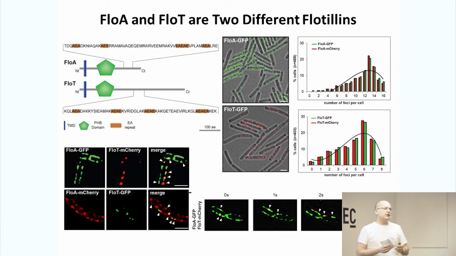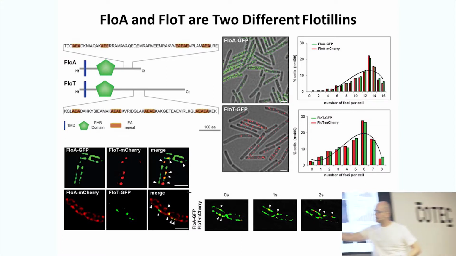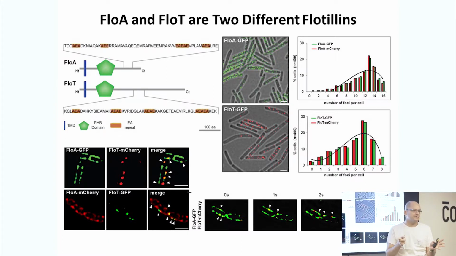So it opens a whole question: we have a huge variety of lipid rafts, or bacterial rafts, with different compositions of the two flotillins. I cannot tell you whether one that has, for example, only FloA doesn't have FloT at all. Maybe it has a little bit, and this one is the other way around.